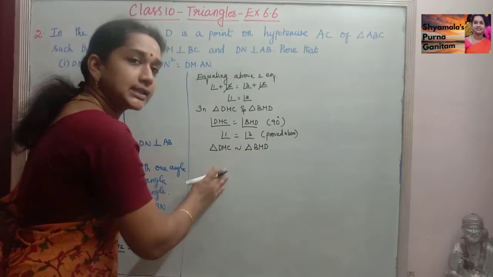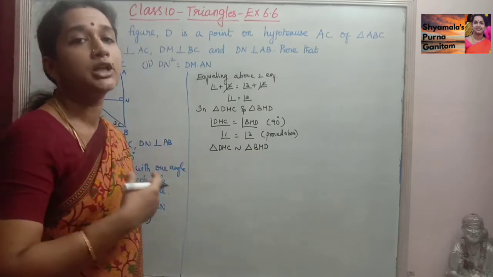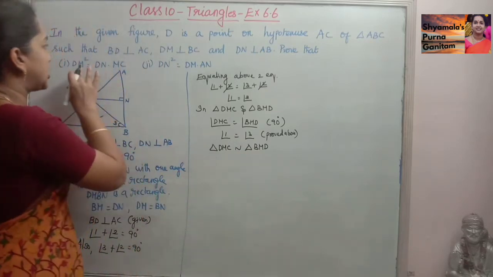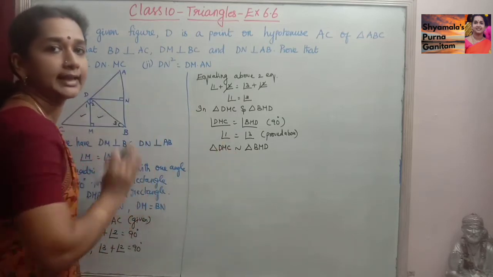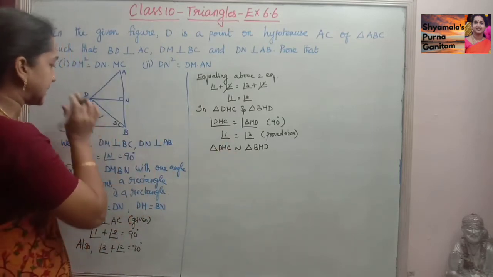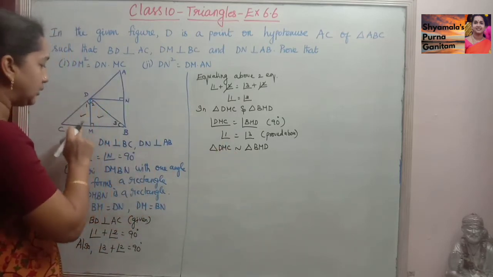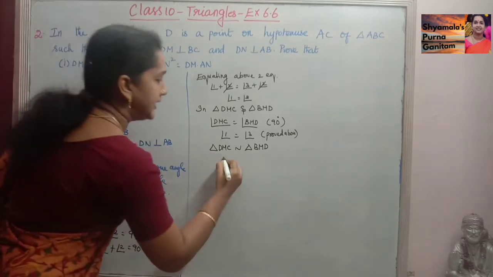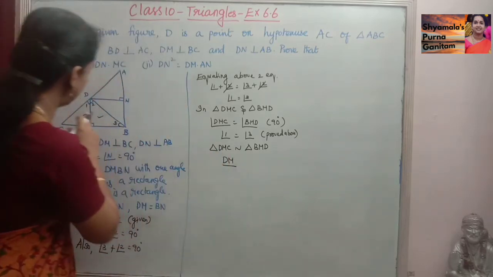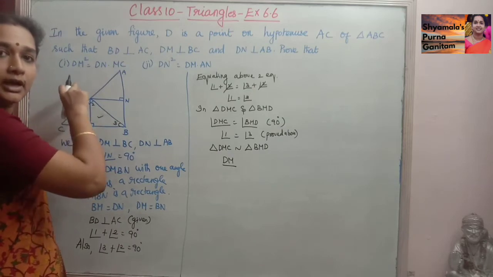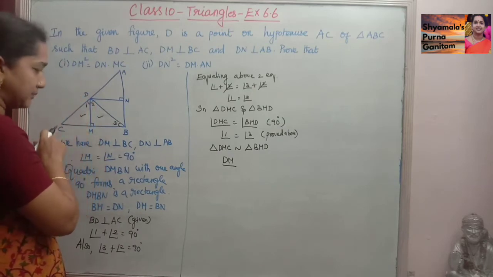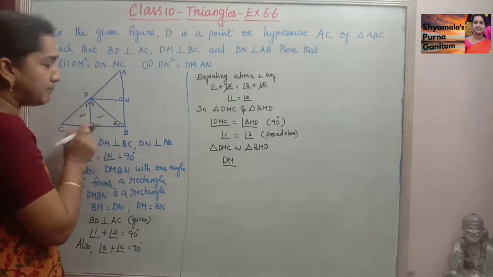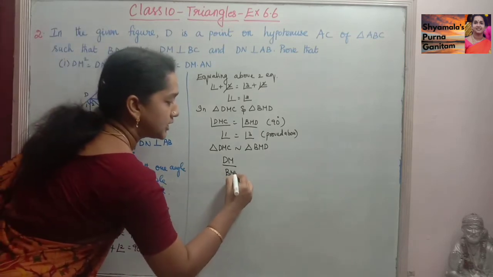Since the triangles are similar, the sides are proportional. Whichever sides we need, according to that we will take the proportionality. So in the first triangle we will take DM. DM is the height of this triangle DMC, and in BMD, BM is the height.